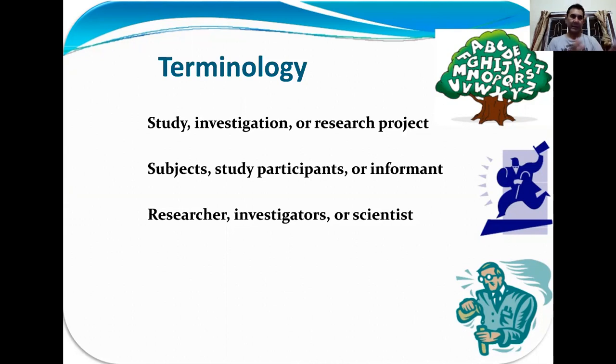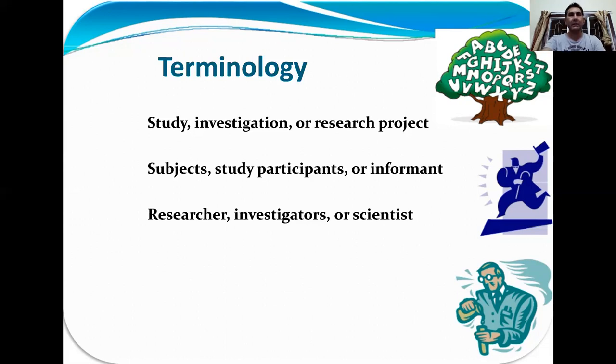The investigation is the disciplined or scientific way of inquiry, and the research project is a systematic and scientific way to solve any problem or answer any question. That's called the research project.